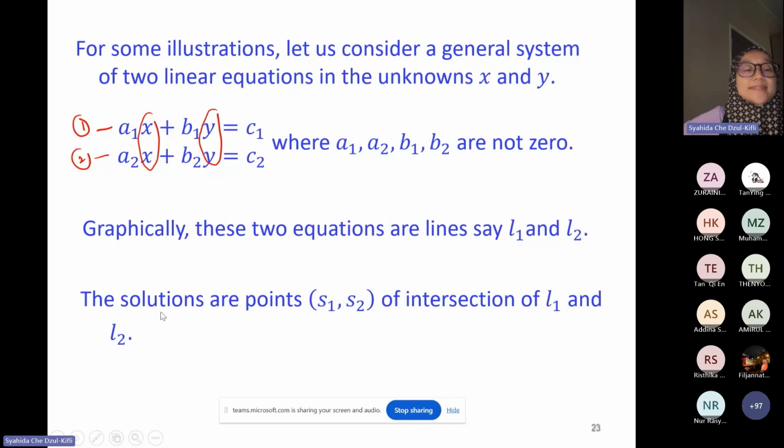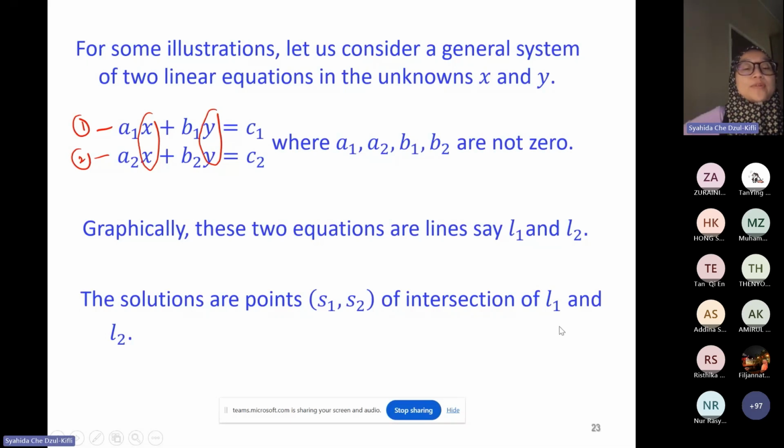The solutions are points. Remember, it must have two components to represent x and y. The solutions are the points of intersection of L1 and L2. The solutions for the system of linear equations are any points which are intersections of L1 and L2.